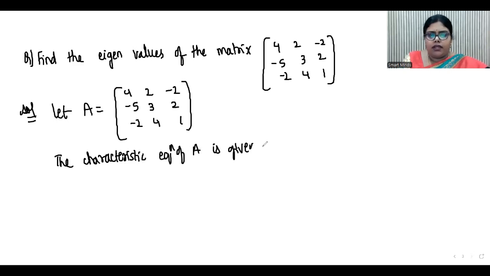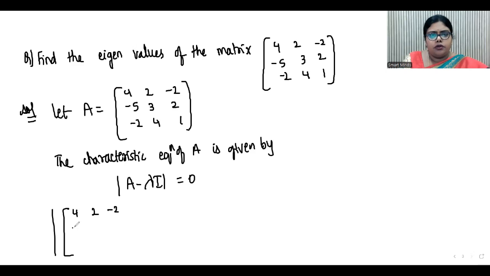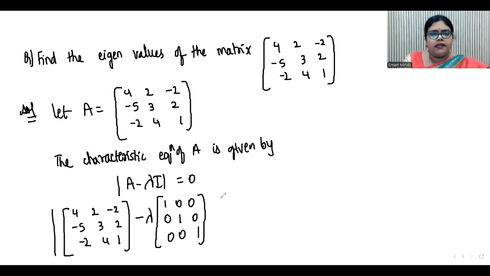It is given by a formula. Determinant of A minus lambda I is equal to 0. Now determinant of what is A? A is [4, 2, -2; -5, 3, 2; -2, 4, 1], minus lambda into what is I? [1, 0, 0; 0, 1, 0; 0, 0, 1]. I is identity matrix, is equal to 0.